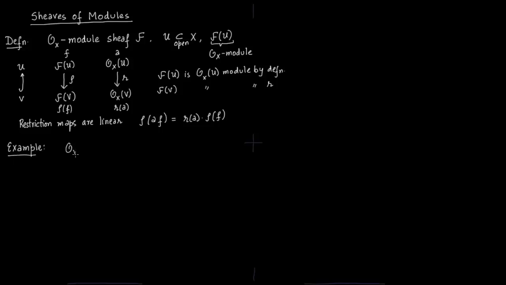So the simplest example is OX of U itself as an OX of U module, or you could take direct copies of it. So a direct sum of n copies of the structure sheaf OX.